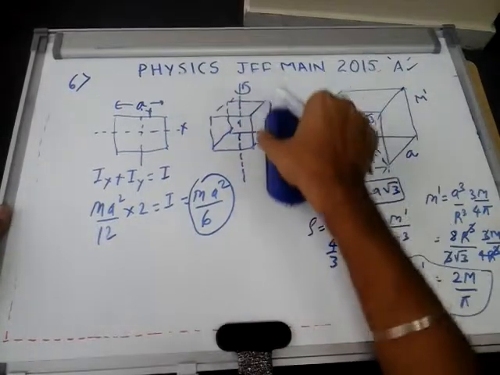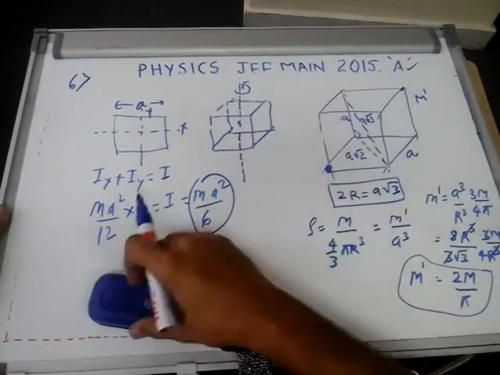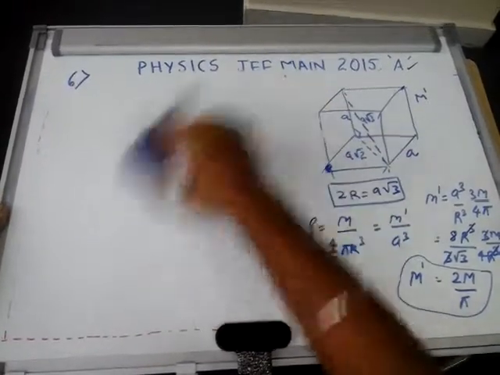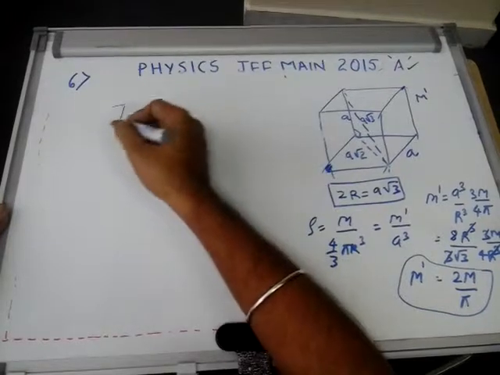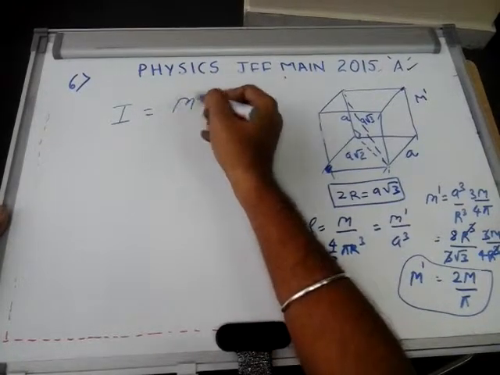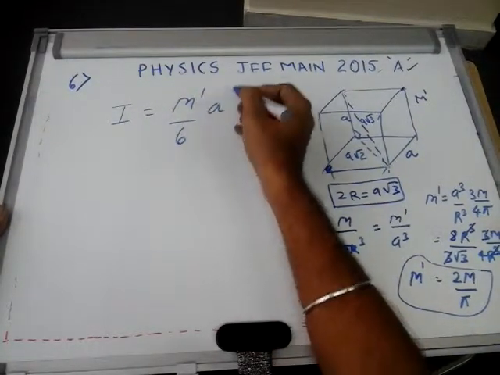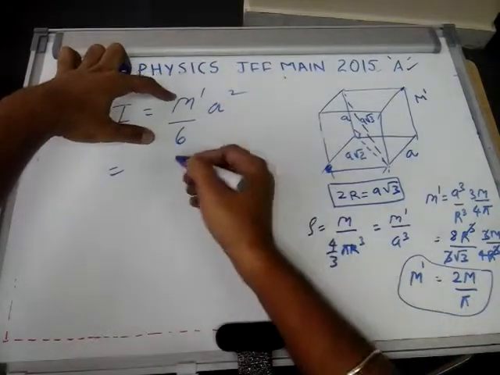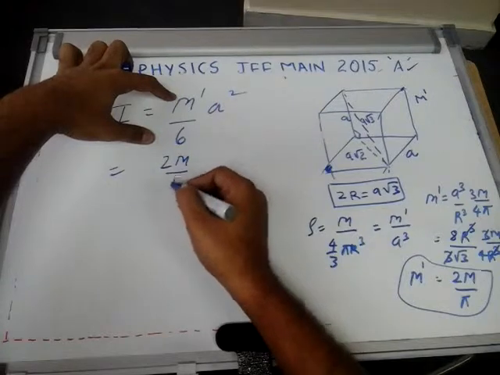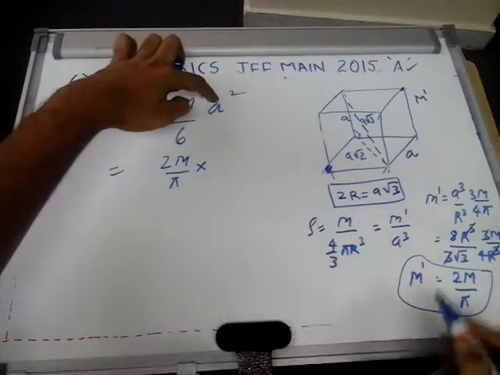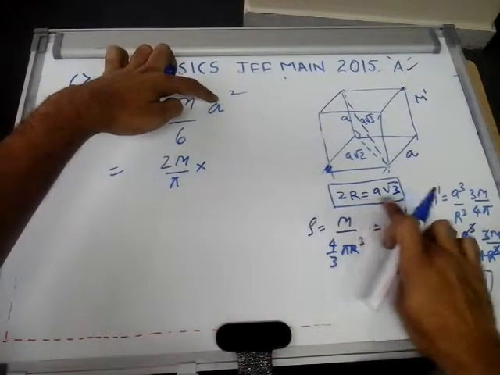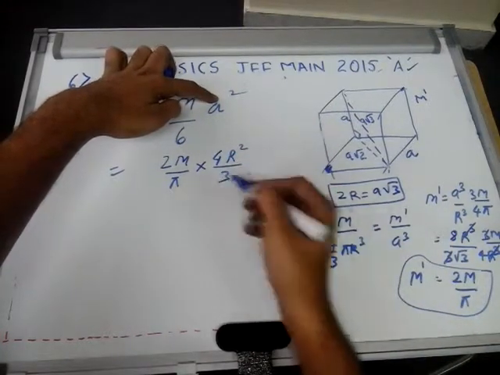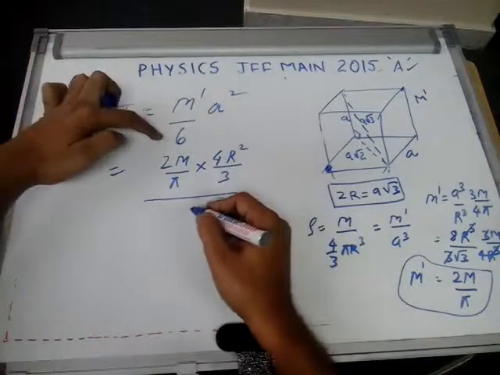So the moment of inertia of the cube is m dash by 6 into a square. M dash is 2m by pi, a square from this relation is 4r square by 3, and this is divided by 6.